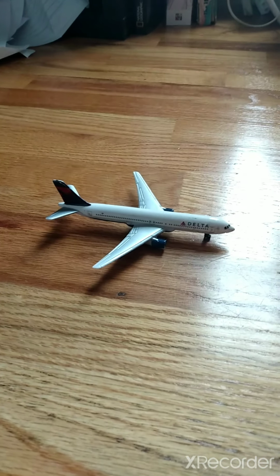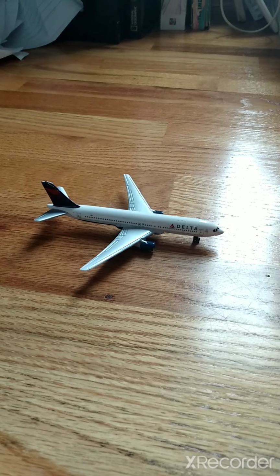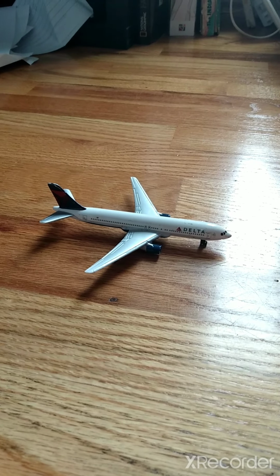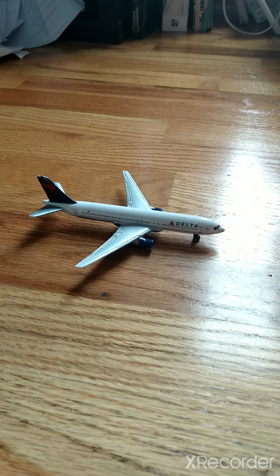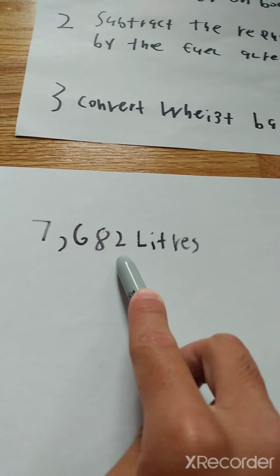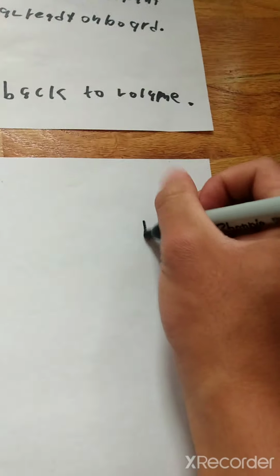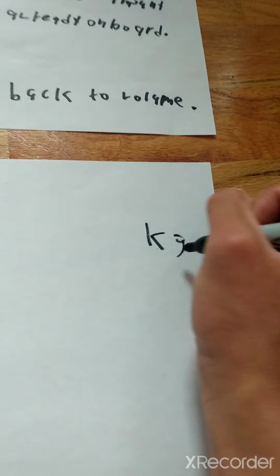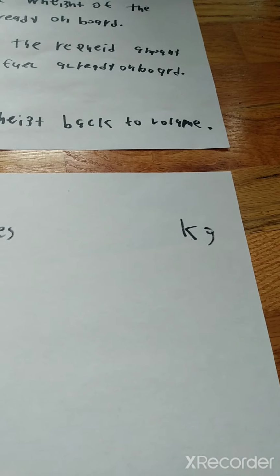It is very rare for an airplane to land at an airport with exactly 0 liters or 0 gallons of fuel. So the plane is definitely going to have some fuel left from the last flight. We have to get our answer in kilograms, but how do we convert liters to kilograms?